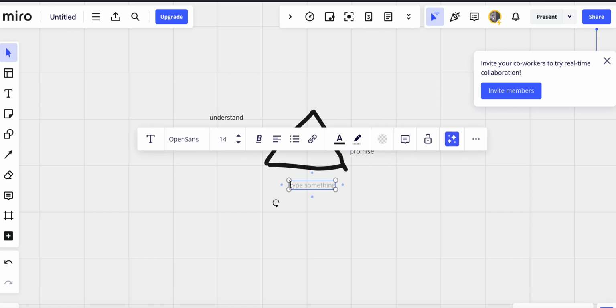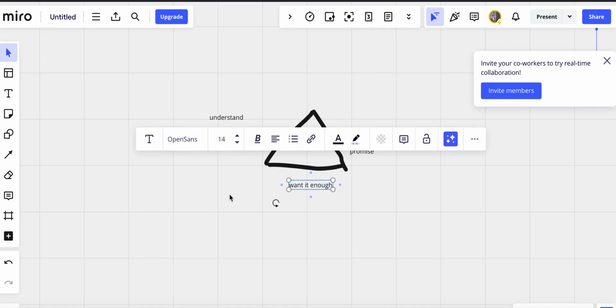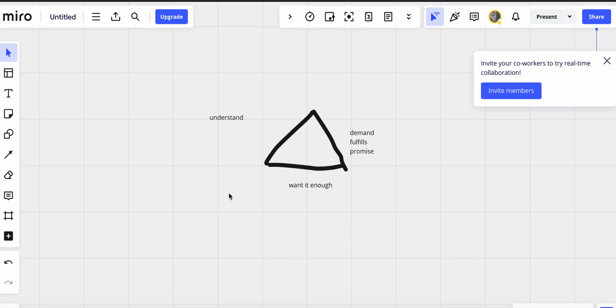They understand how to use it and they want it enough. And so this is kind of the premise of the whole thing.